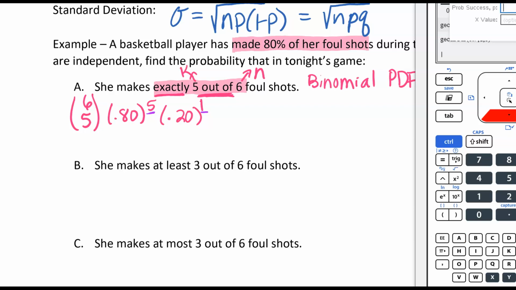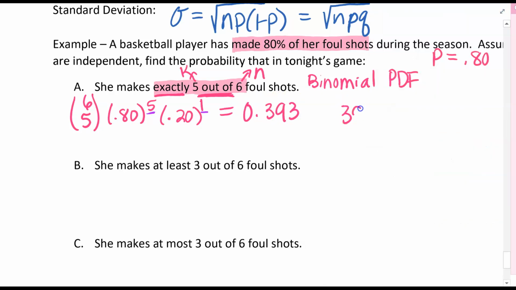Probability of success is 0.8. And how many shots is she going to make? 5. And then you just press OK. So this ends up being 0.393, which is about 39.3%.